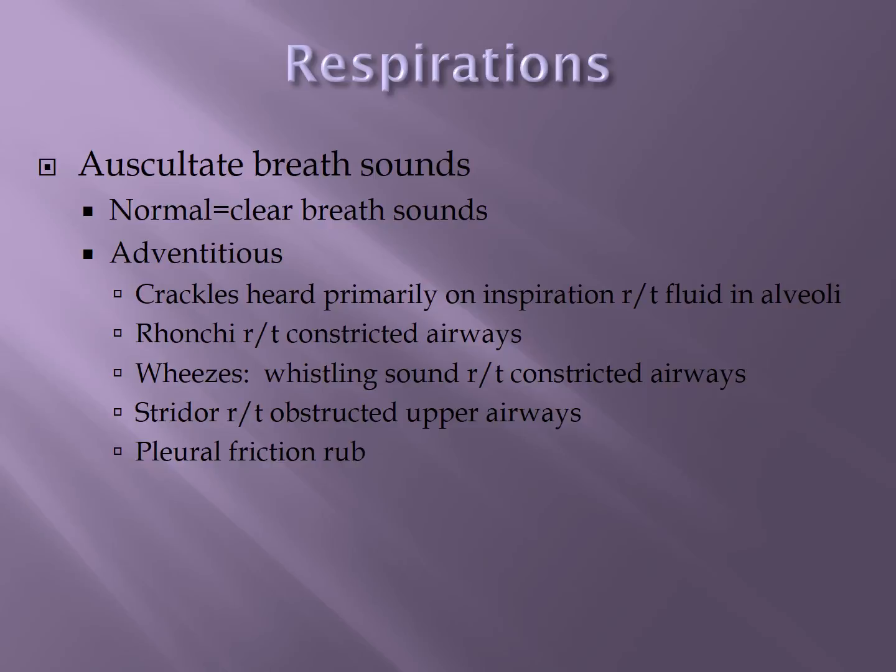A pleural friction rub is a sound that you will hear when the visceral and parietal pleura are not working together. There are all sorts of websites on the internet that you can go to listen to all of these different types of adventitious sounds.